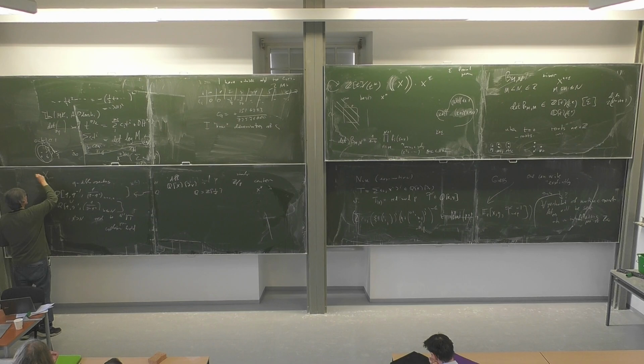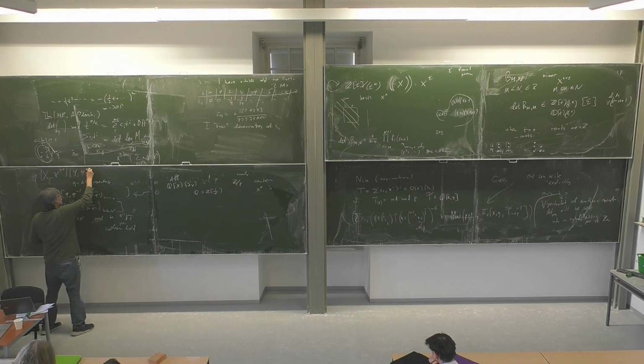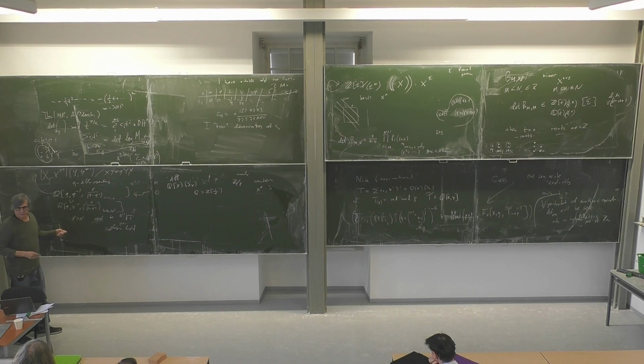You consider polynomials, whatever, with these coefficients in x inverse, capital Y inverse, modulo the relation x y equals q y x. Instead of differential operators, and then at roots of 1, this will be an Azumaya algebra with a center.